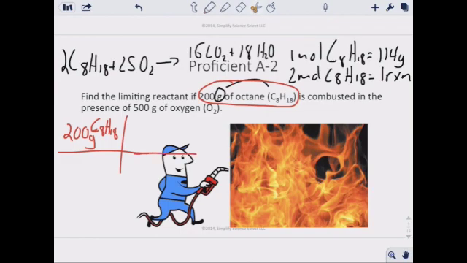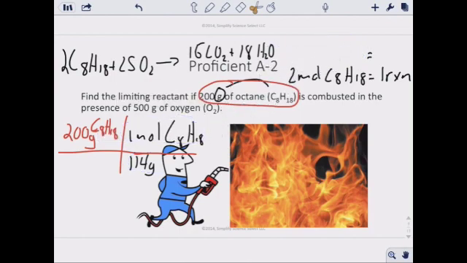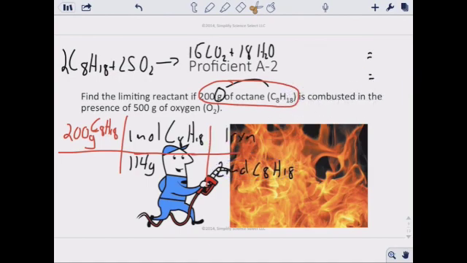Set it up, and we start plugging everything in. 114 grams in 1 mole, and then we cancel out moles in one reaction. And what we'll get here is, it's not 8, but 0.877 reactions.